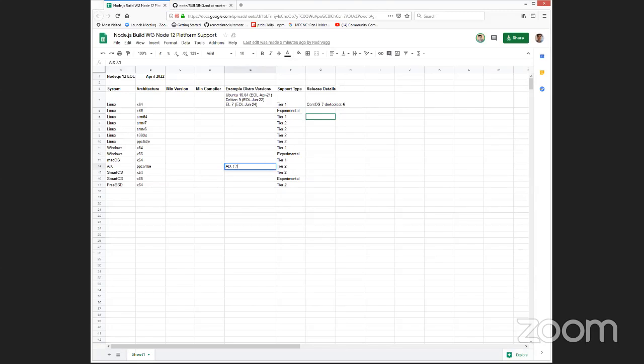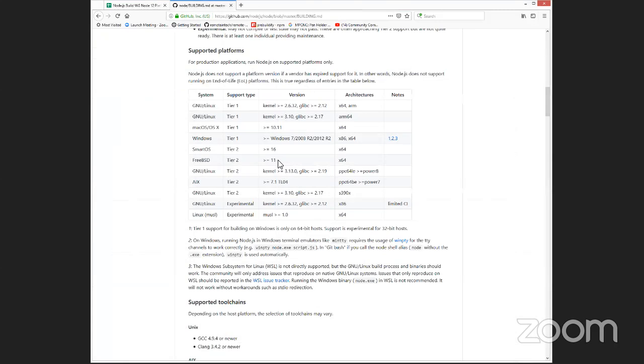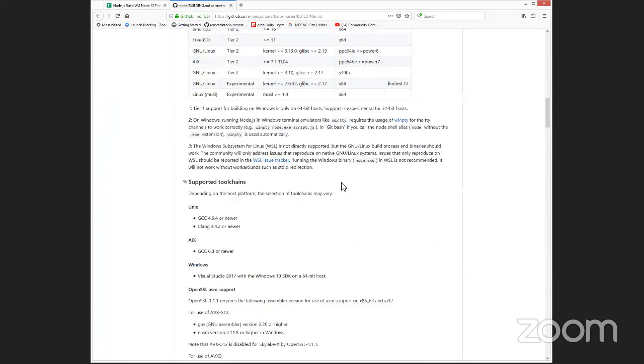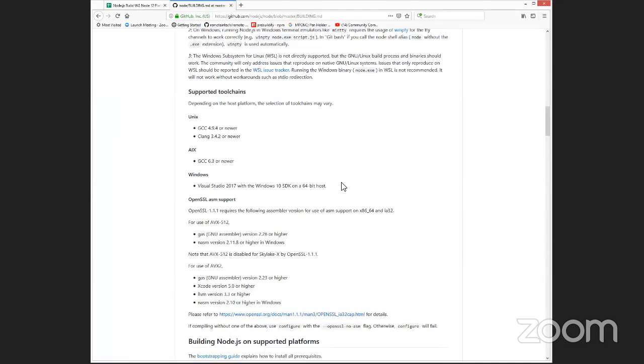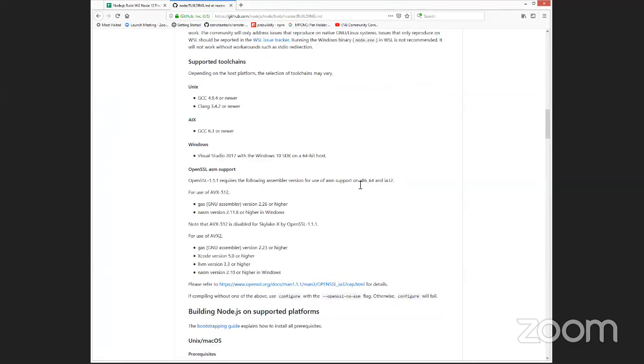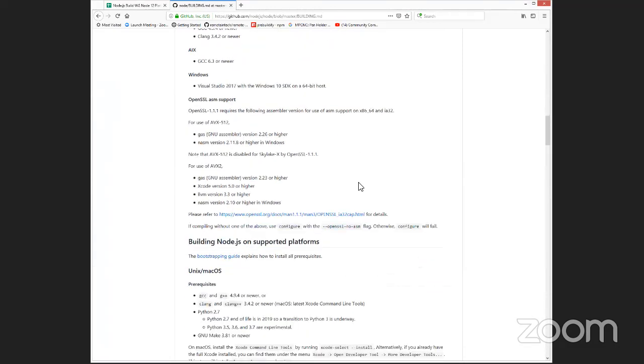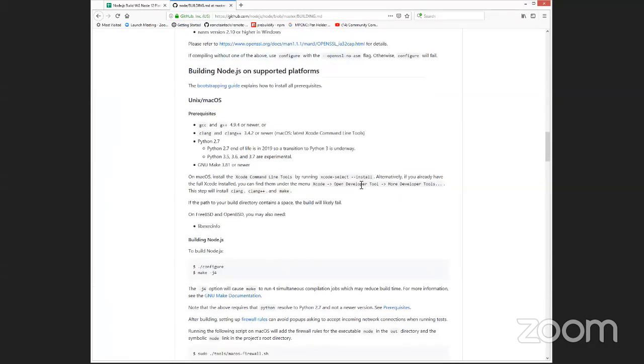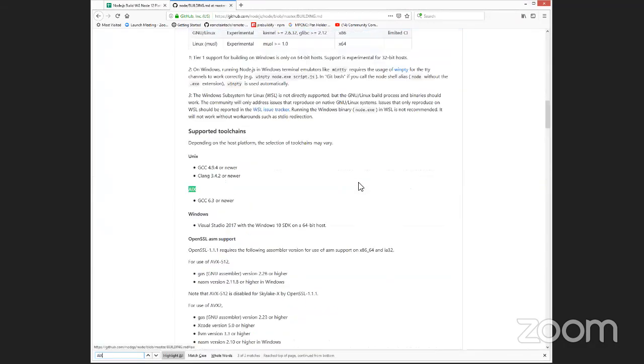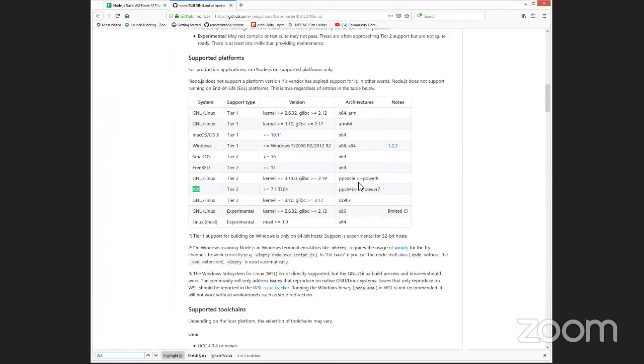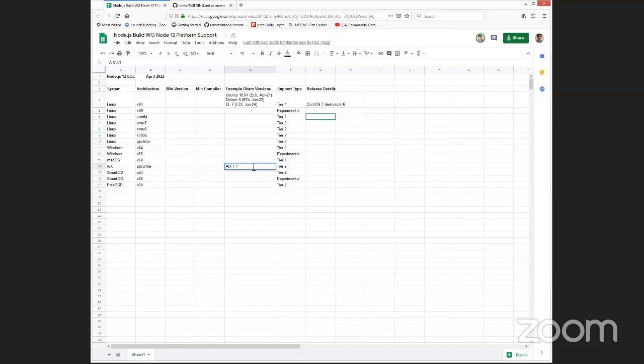Refat, you've already put in a pull request that's been merged to stop even testing on CentOS 6. So by that same metric, we would stop testing Node 12 on Debian 8 and only ship binaries on Debian 9.